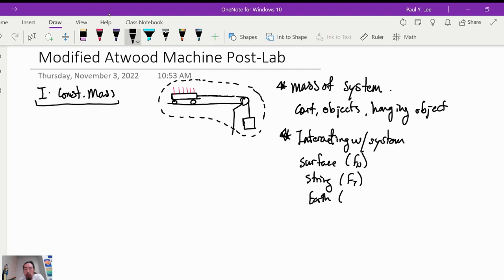And in this case, it will be the force of gravity, but let's put a little star here. The only force of gravity, or the weight, that is actually interacting with the system will be the hanging object's weight, because the weight of the cart isn't affecting how this object is accelerating. Okay, so that's our system.